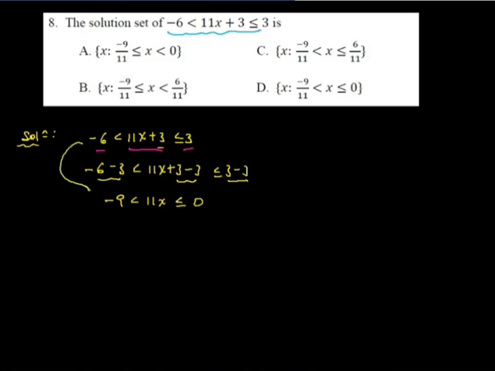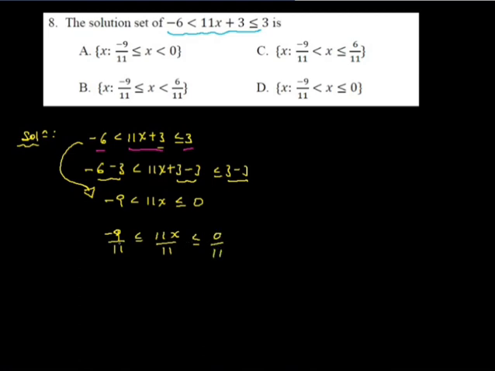Okay, now we can divide each inequality by positive 11. So minus 9 over 11 is less than or equals to 11x over 11, less than or equals to 0 over 11.